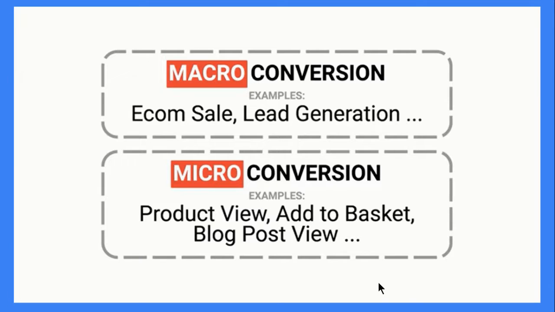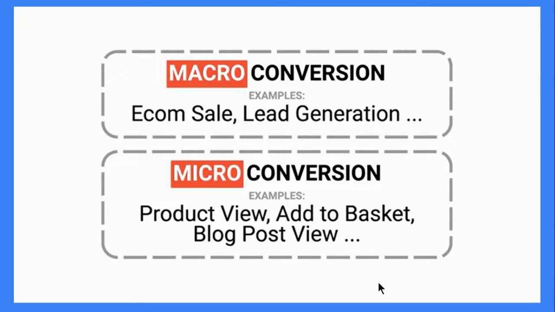But one thing that most e-commerce sites lack is product view. Is your product being viewed or added to basket? Sometimes people add products to the basket, but due to some reason, say lack of availability, they remove it from the basket.